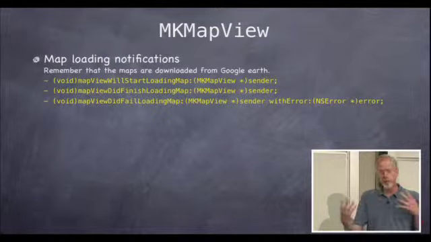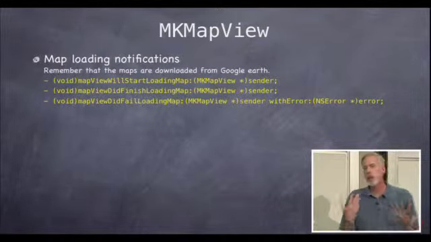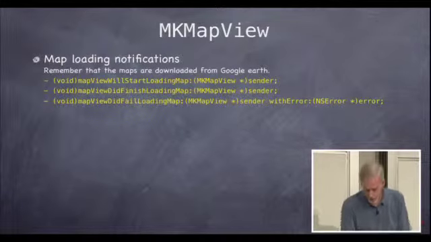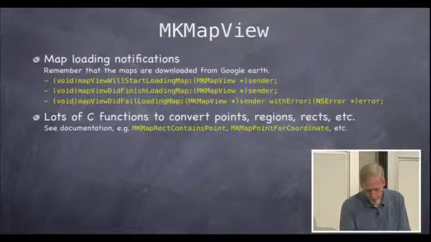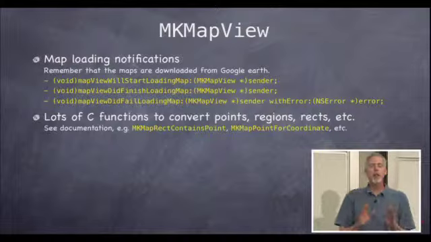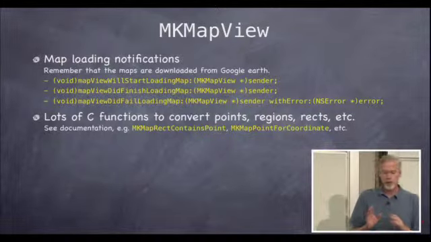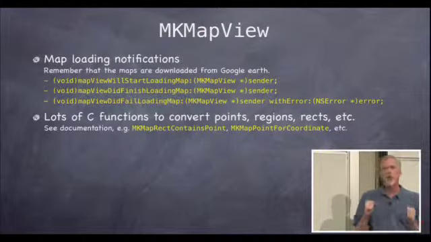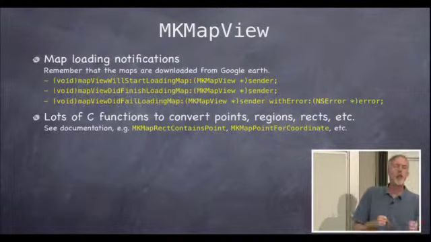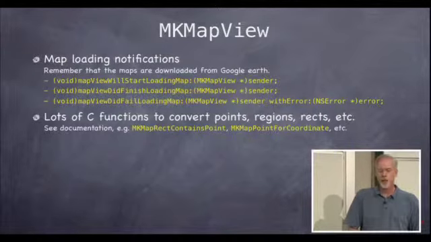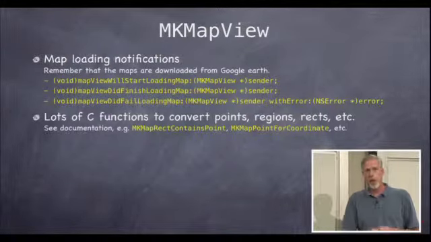So you'll be constantly getting start and finish. Usually you don't care about this, but if you do, there you go. There's also a ton of C functions. Really don't miss this. There's a lot of C functions like MKMapRectContainsPoint and MKMapPointForCoordinate for converting between map coordinates, world coordinates, etc. So check out all these C functions that start with MK.